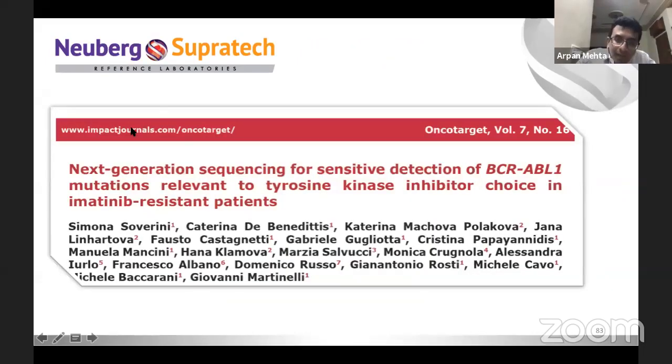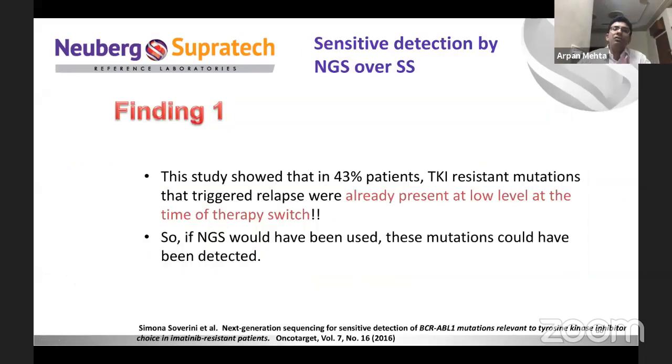This is another publication which had 3 findings. This study showed that in about half of the patients, TKI resistant mutations that trigger relapse were already present at low level at the time of therapy switch. So if NGS would have been done instead of Sanger, these mutations would have been picked up.